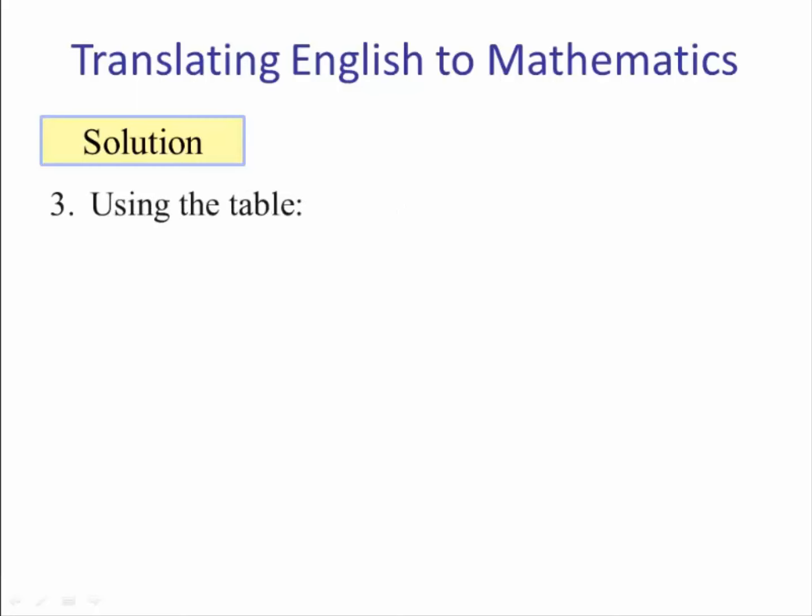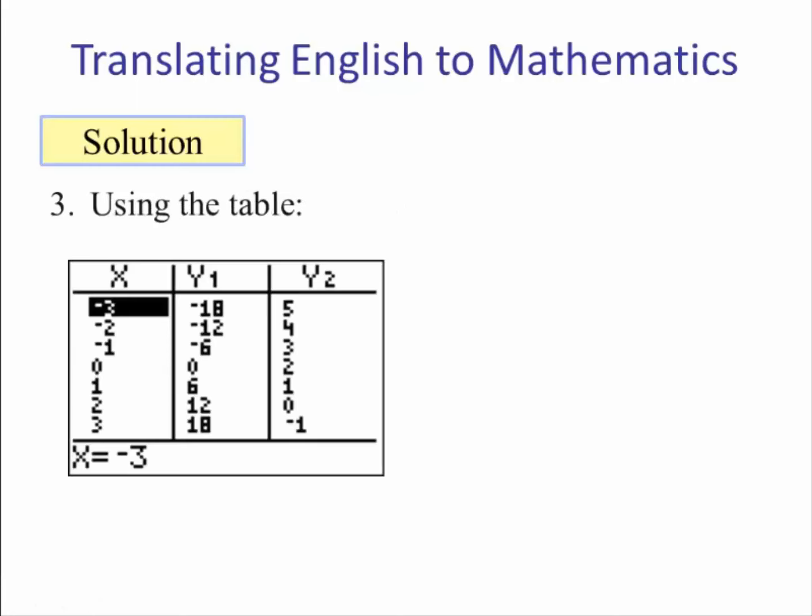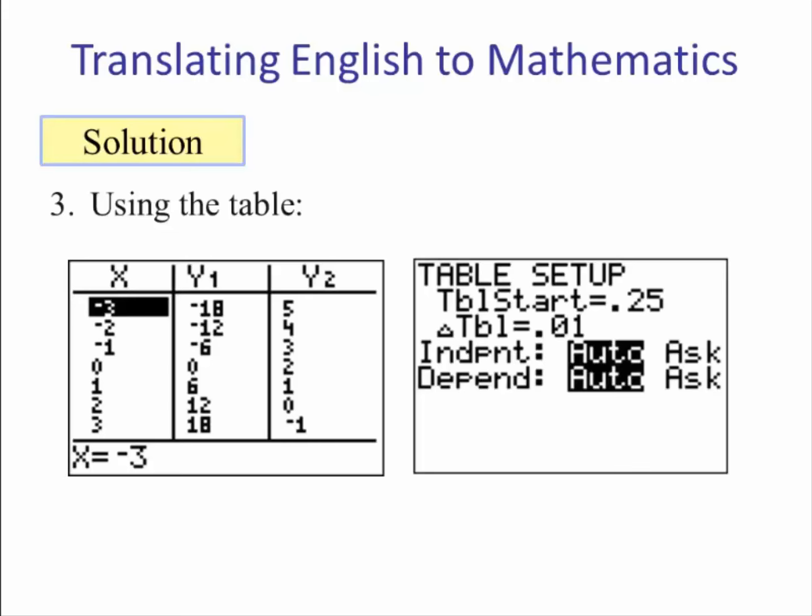Now use the table feature. We hit second and y equals. What we're going to look for is when x is close to 0.29, these y values should be the same. Now, the table is counting by ones. So if we hit second window, which is table set, your screen should look like this.